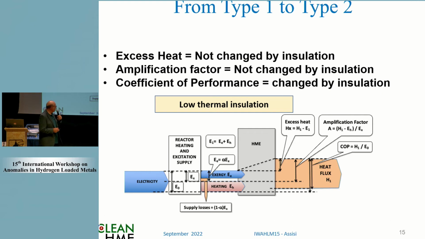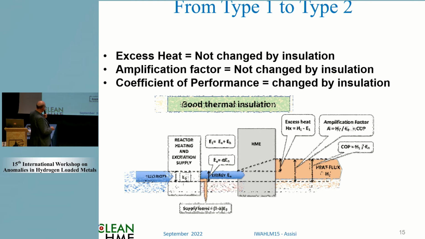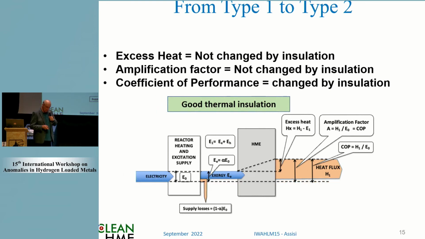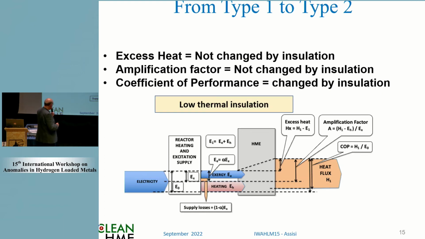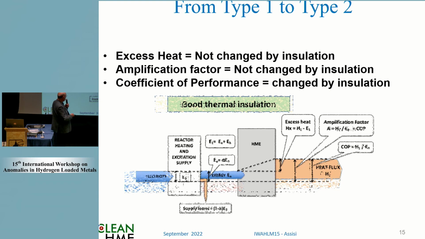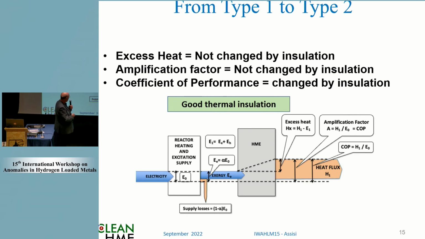Because if you change the thermal insulation of your system, you change the situation. With a low thermal insulation, you need to heat it up. If you have a good insulation, you don't need heating anymore. So you see the difference. If you have no insulation, you need a large heating. If you have a good insulation, you have less heat, of course, because you don't have the heating system anymore.